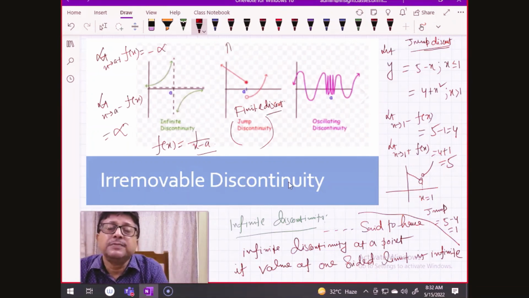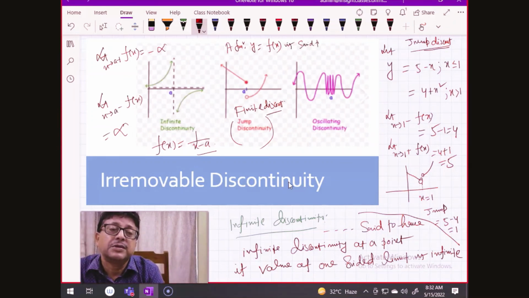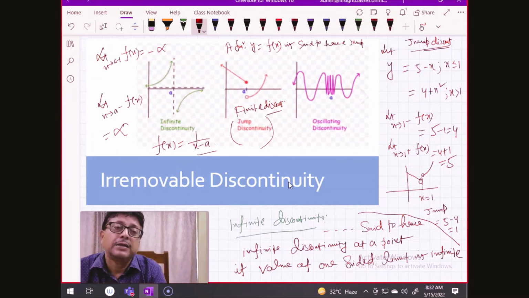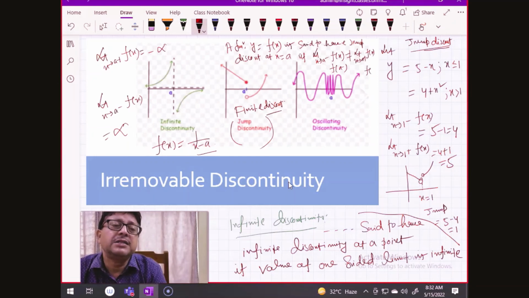So a function y equal to f(x) is said to have jump discontinuity at x equal to a if limit x tending to a minus f(x) is not equal to limit x tending to a plus f(x). People can say that this is a minus and this is a plus.